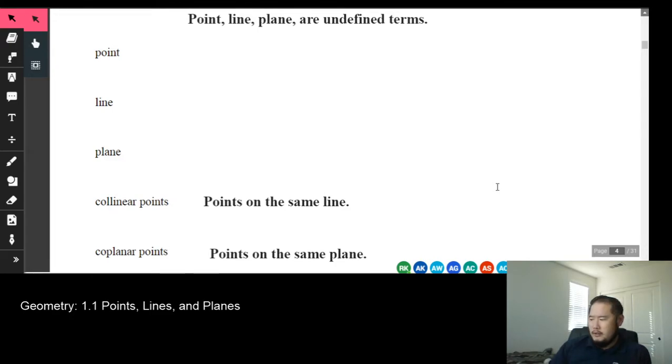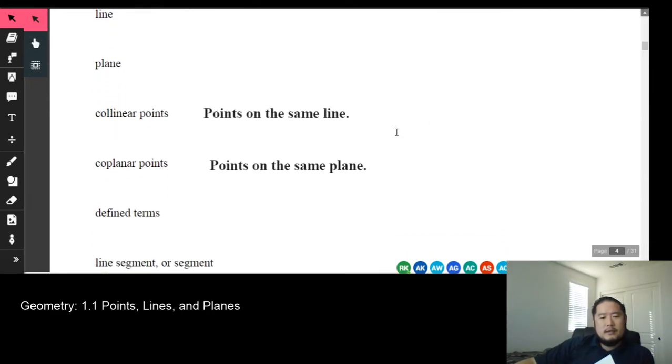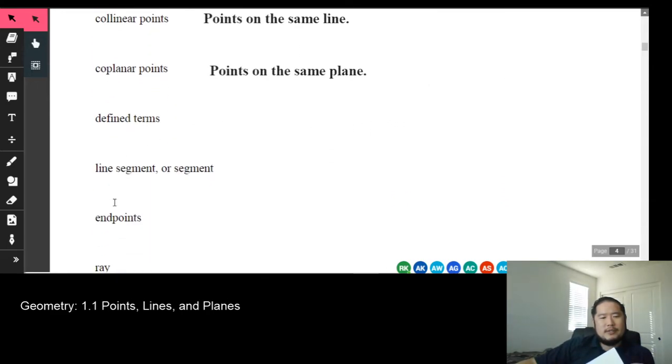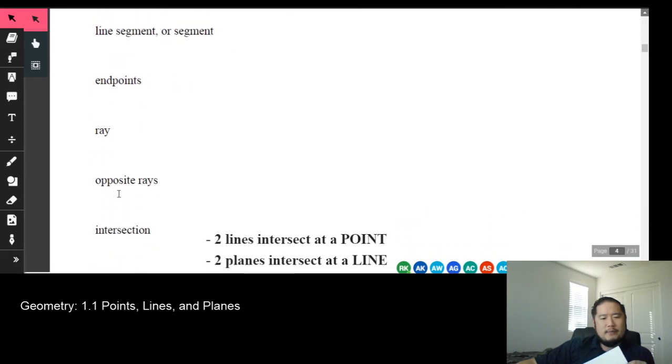Think of a plane as a piece of paper, or a wall, whether it's your ceiling or the walls to the left or right of you. If you put tacks on it, those would be points on the plane.